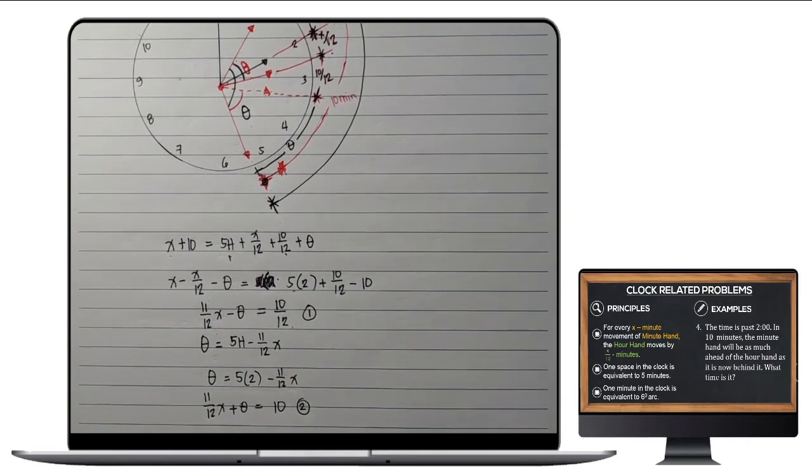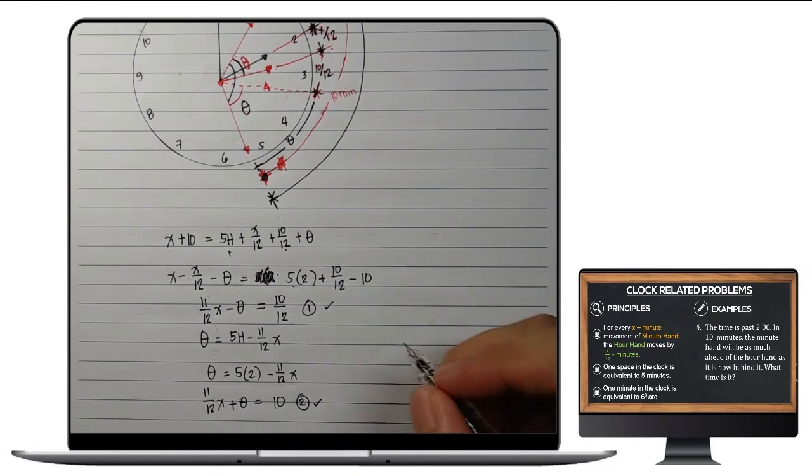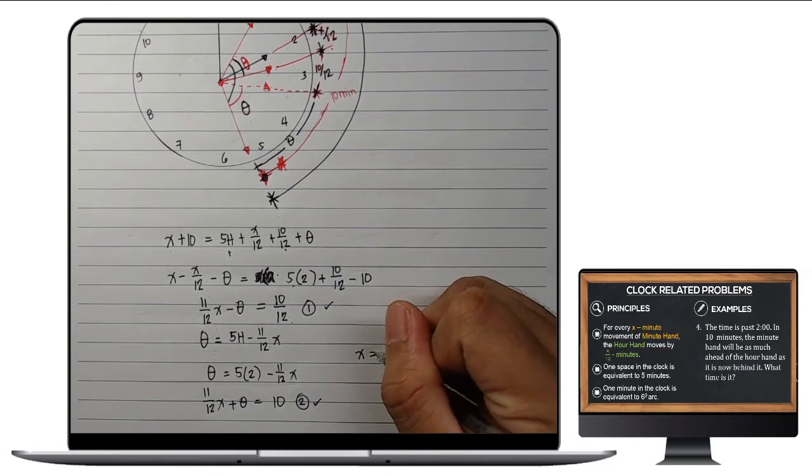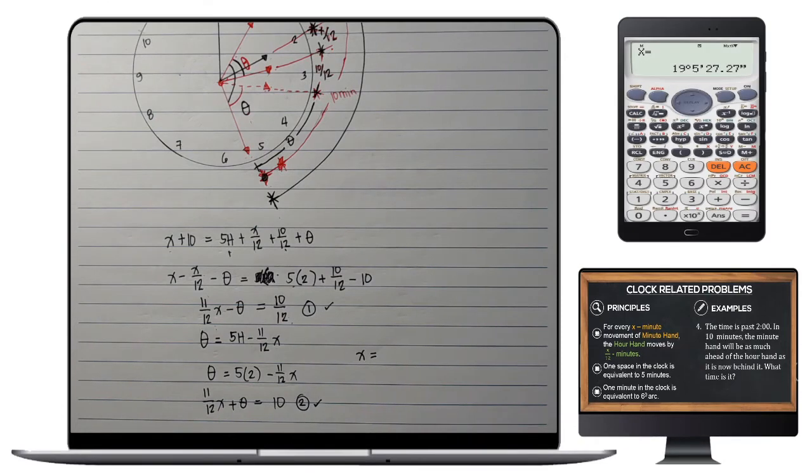So we have two equations, two unknowns. So from this equation and this equation, we can solve for x. Okay, so we do not need to find the value of theta. So using our calculator, let's use mode 5 1 for equation 2 unknowns.